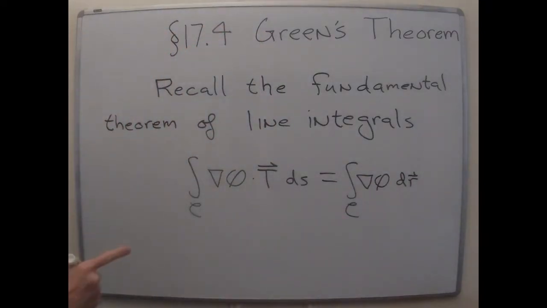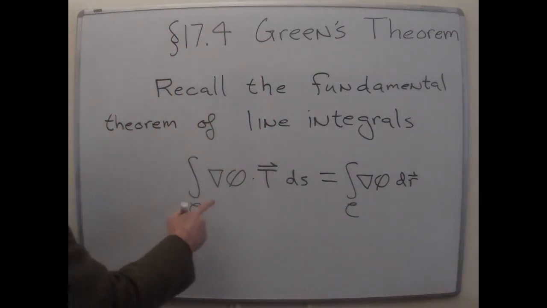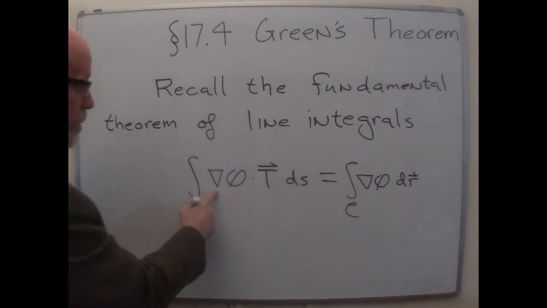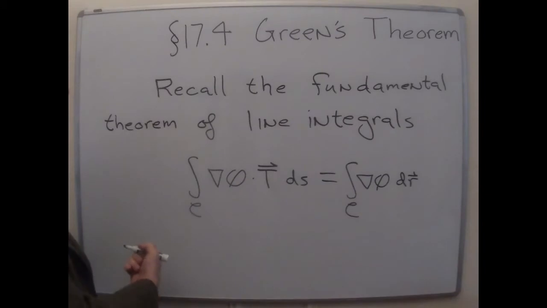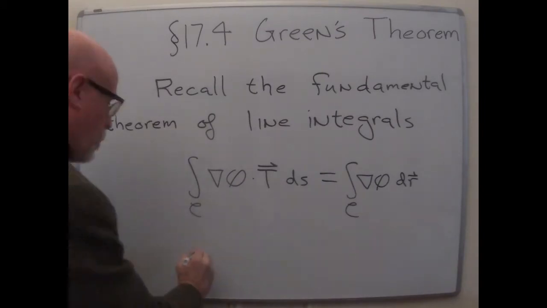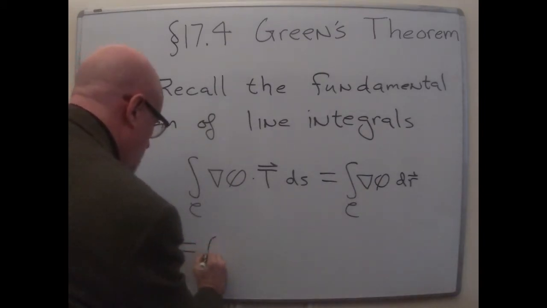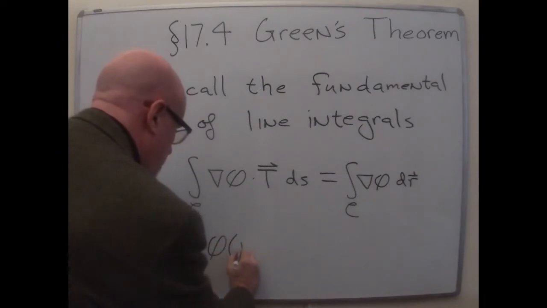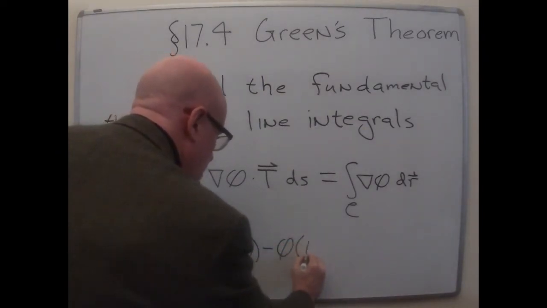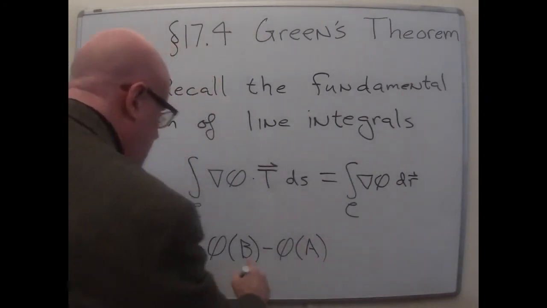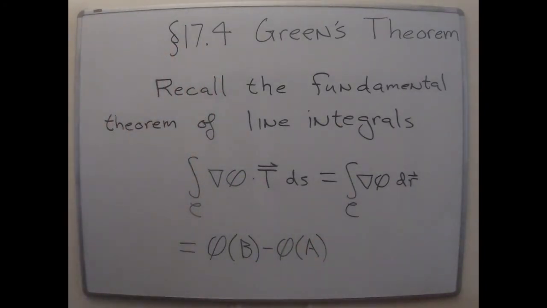Anyway, what we found out was that in this case, where the thing you're integrating is essentially the derivative of something, this is the Calc III version of derivative of something, you can re-express it as phi at B minus phi at A, where I'm using the traditional letters for the beginning and ending of the curve.